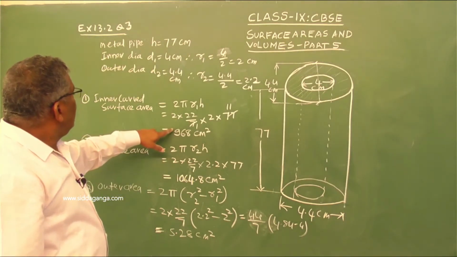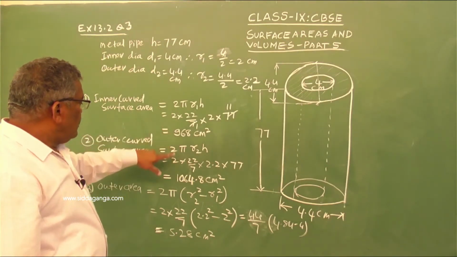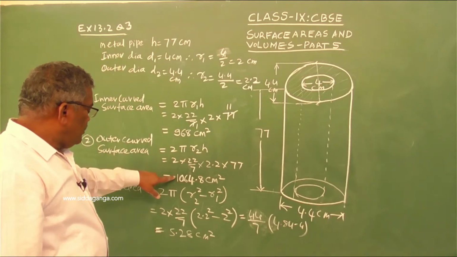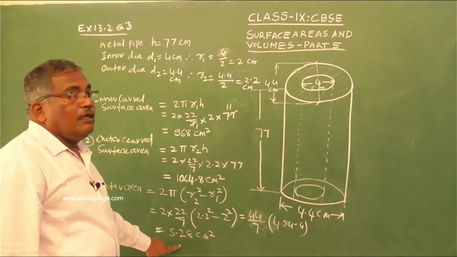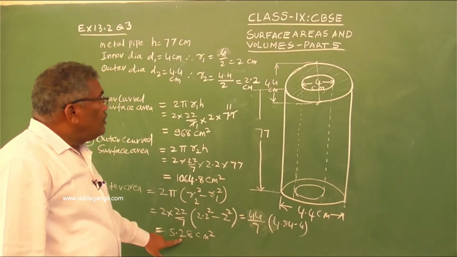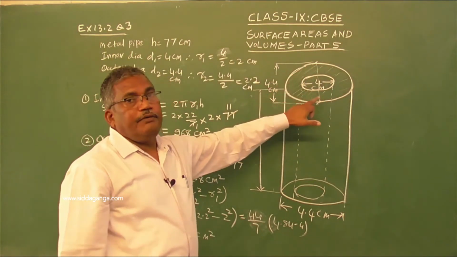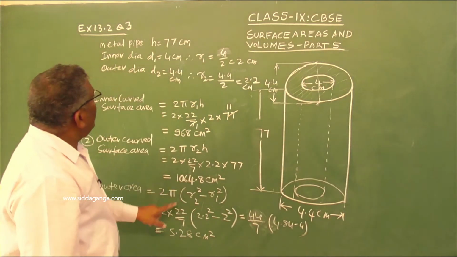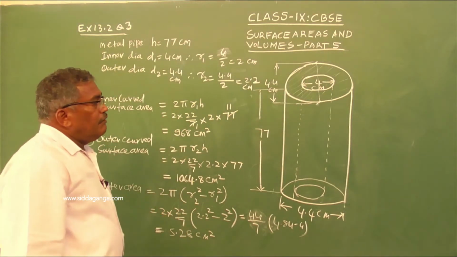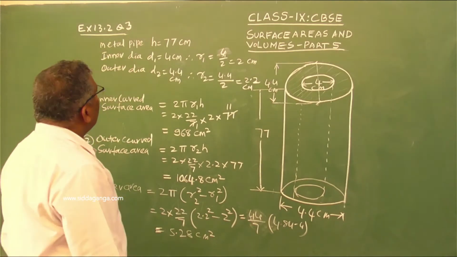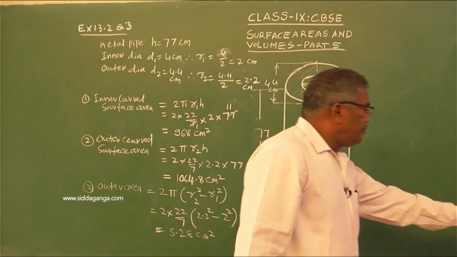So now we got 3 values. This is inner curved surface, this is the outer curved surface, and this is the surface area at the butt ends, this hatched area. So therefore we have to add all the 3 to get the final answer. So therefore I will erase at the top.